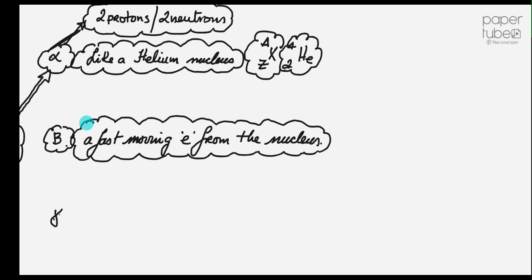And I say you're right. But what they believe happens is there's a neutron. There's the symbol for a neutron, and it splits into a proton and an electron. And it's this electron that is fired out, and the proton stays in the nucleus. That's what they believe happens.